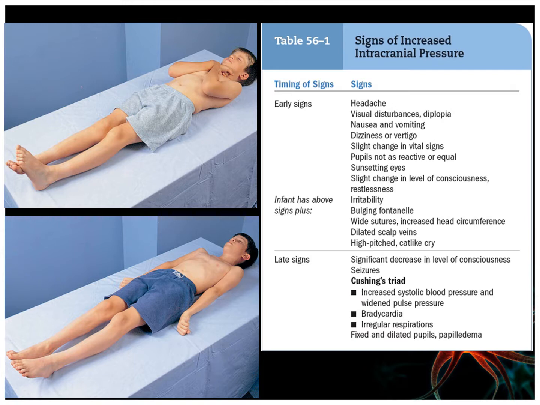In both of these, the child is rigid, either with rigid flexion or with rigid extension. So what you do is apply a noxious stimuli to the child and then see what they do. See if they do the decorticate or the decerebrate posturing. And that kind of gives you a clue about where the injury is.